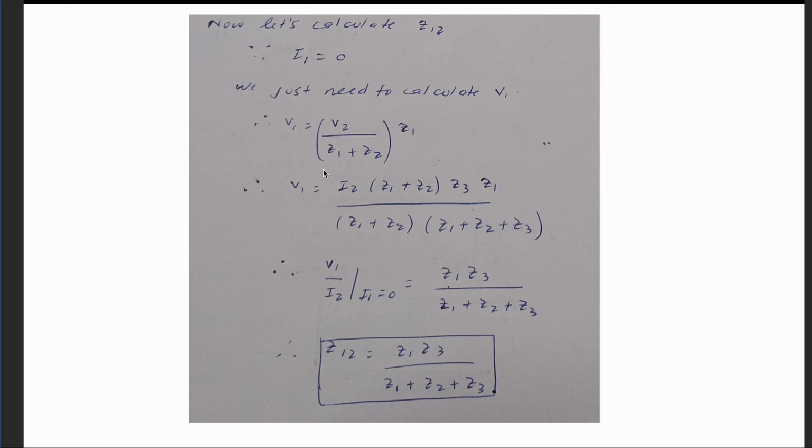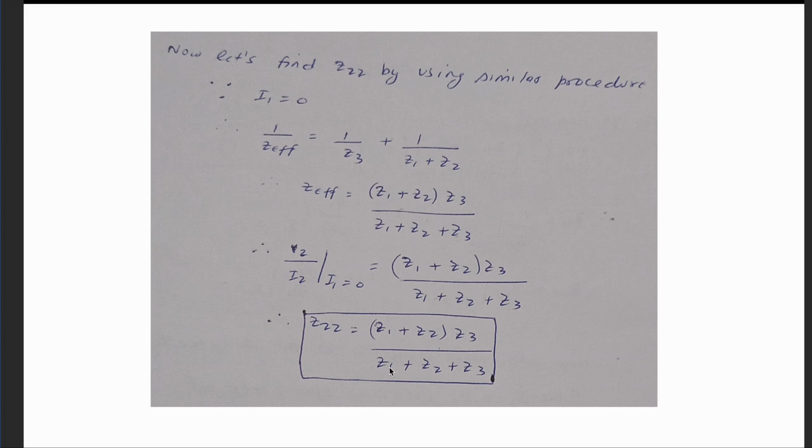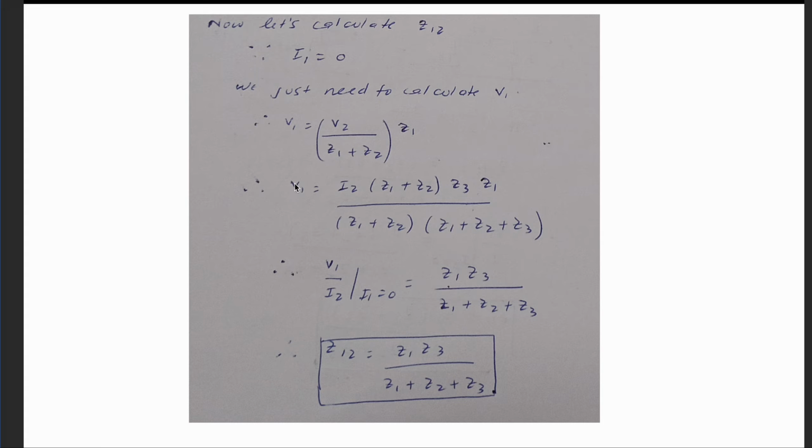Okay, and now you already know the value of voltage V2 in terms of I2, right? That we have calculated from the Z22 parameter. So basically you can write V2 is equal to I2 times Z22, which we have calculated from here. If you put the value of V2 in terms of I2, you will get the following expression.